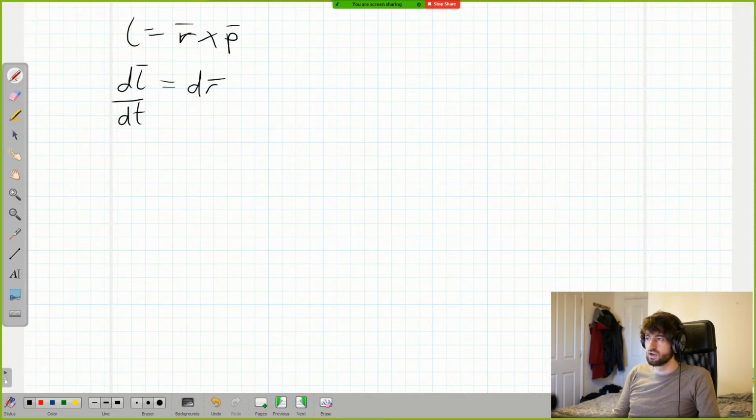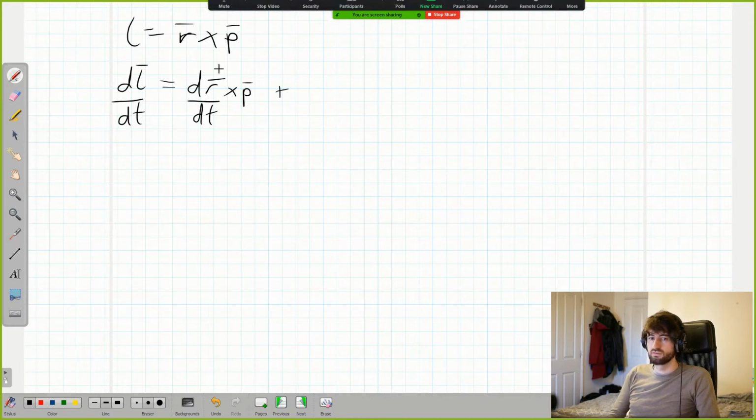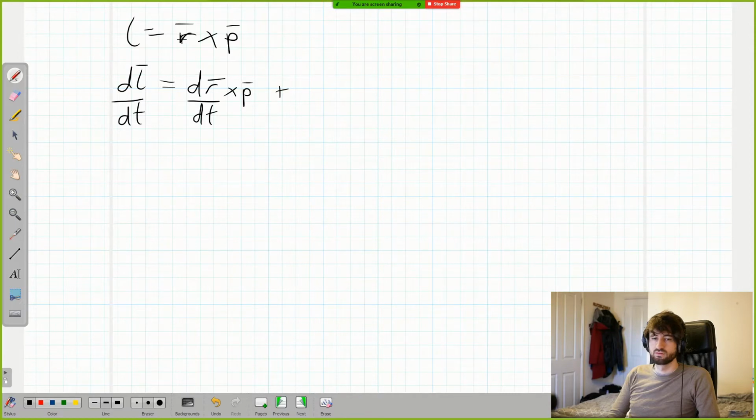So this would be dr by dt cross p, plus, differentiating the other side, r cross dp by dt. I hope you all understand the product rule.